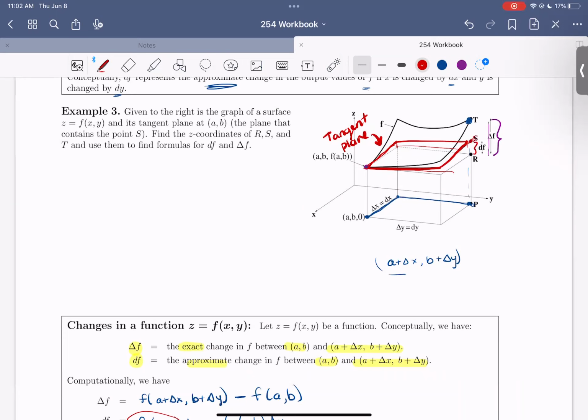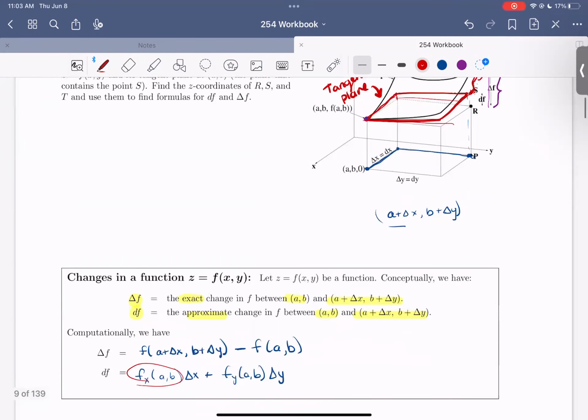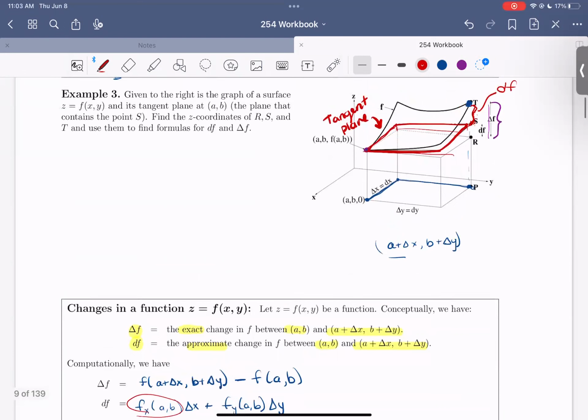Then the difference between S and T, this difference here, which is a little mislabeled on our graph, tells us that approximate change in f. Notice that this df is going to be pretty close to this change of f.